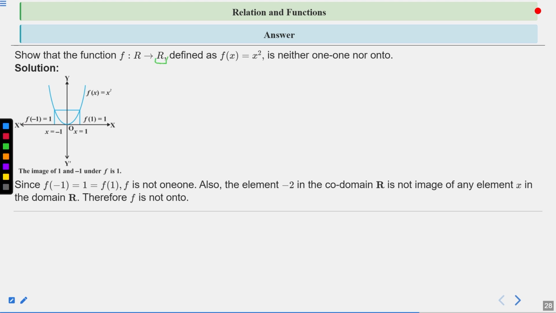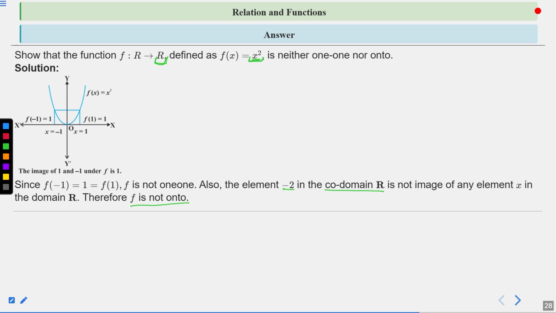If you observe here, this will always give you a positive output, meaning you cannot have a negative output, while in the codomain set you have negative real numbers also. So there's no x which can give you a negative output. If you pick -2 from the codomain set, then there is no x such that x squared is -2. So f is not onto.